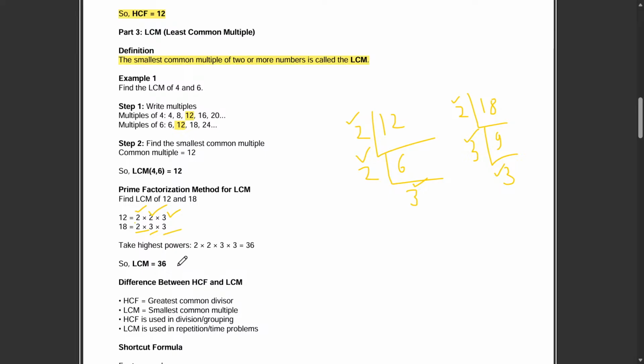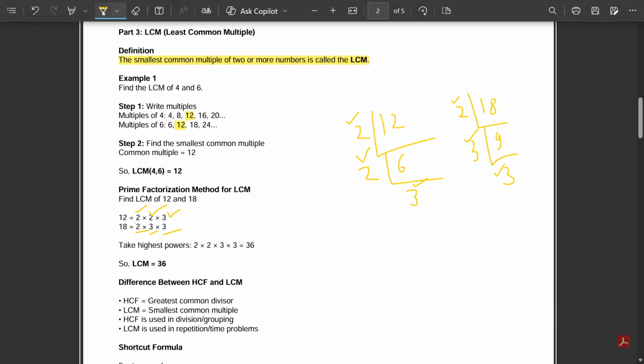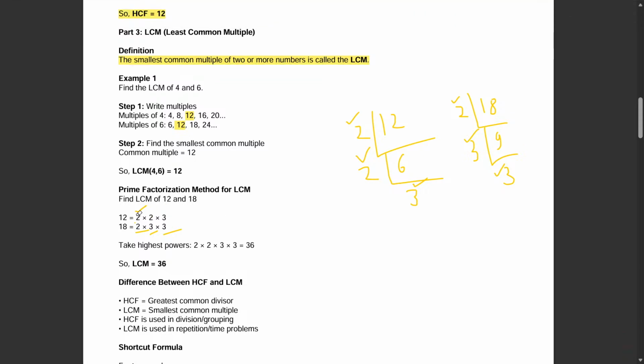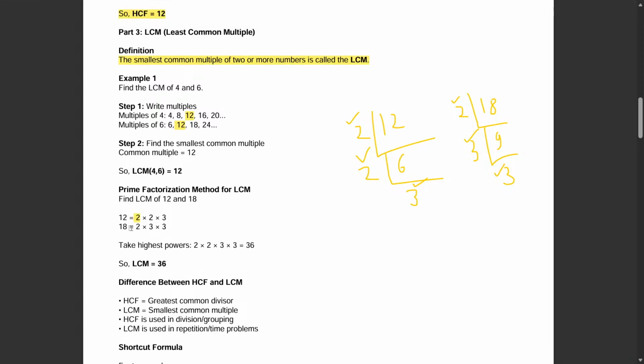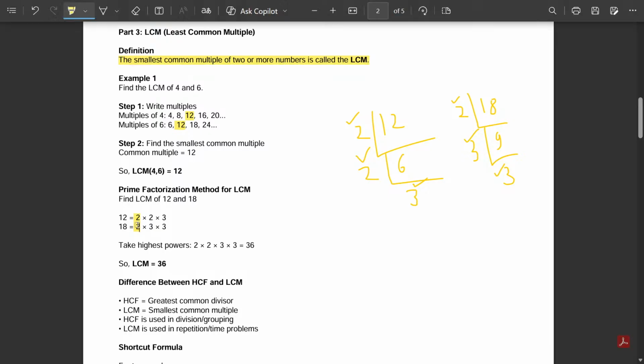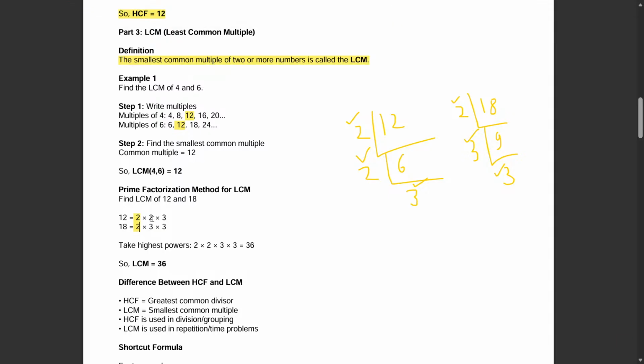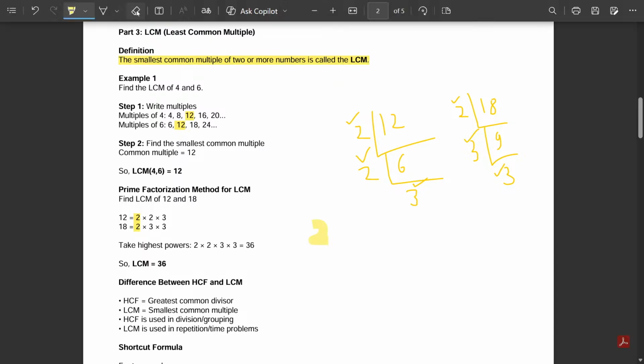So we will take the highest power. I am going to show you how to take the highest powers. 2 is common, so 2 will be taken once.